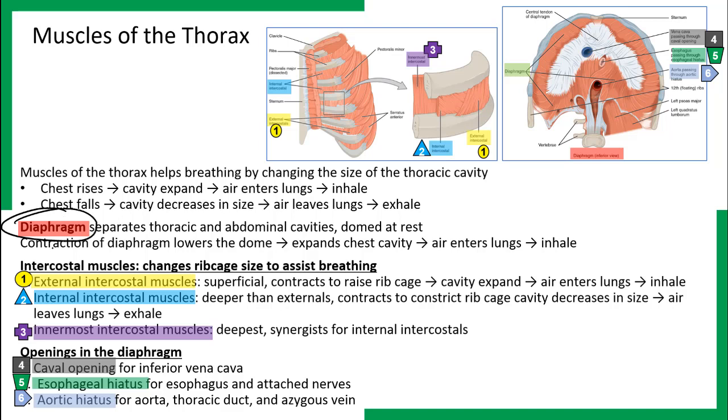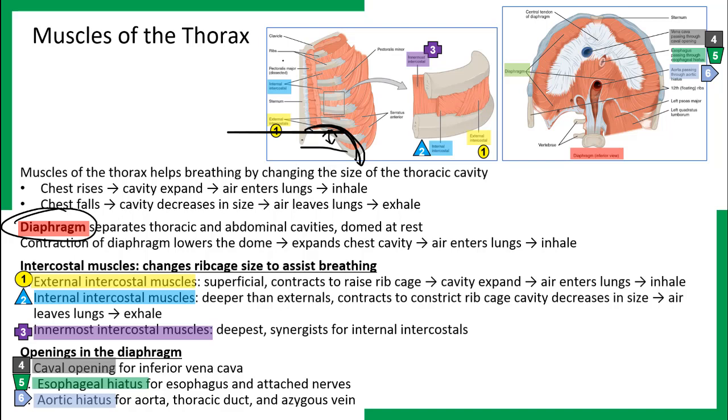Right? What happens with your diaphragm is that at rest, it's a dome shape. And when it contracts, it becomes flatter. So it goes from a dome shape when it's relaxed to a flatter shape when it's contracted.